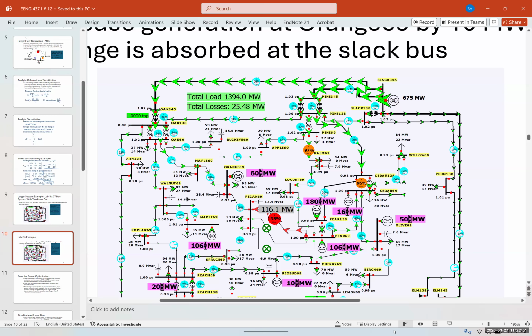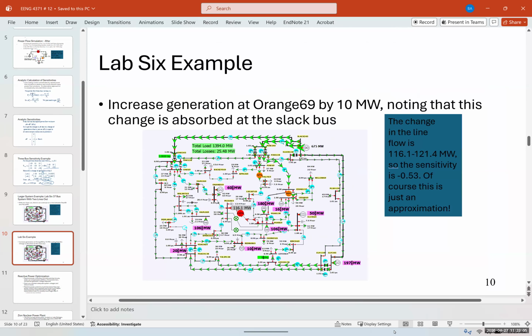That means for every 1 megawatt we increase at Orange 69, the overload line drops by 0.53 megawatts. If we need to reduce the overload by, for example, 20 megawatts, how much do we need to increase the generation at Orange 69? So the question, let me do a question. So we learned for every 1 megawatt that we increase, the overload line drops by 0.53.